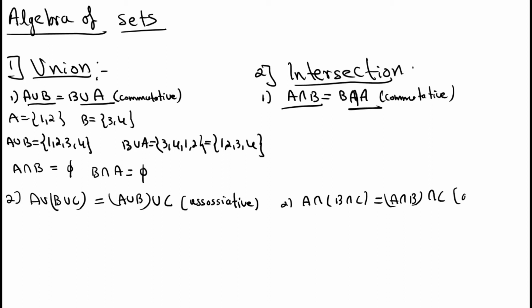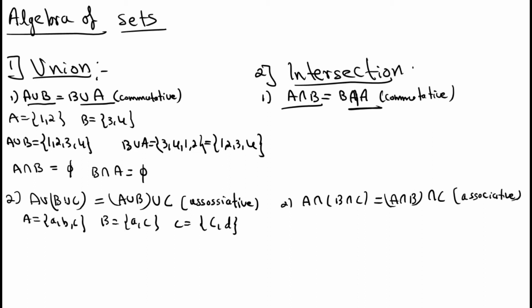This is also called the associative law of intersection. For example, take A is equal to {a, b, c} and B is equal to {a, c} and C is equal to {c, d}.